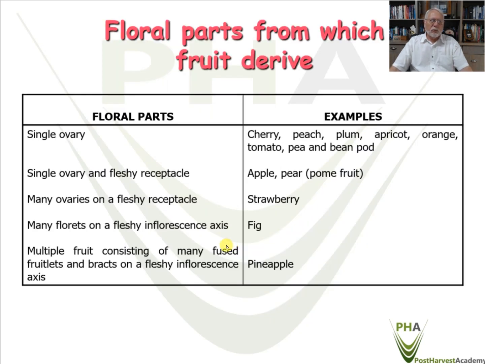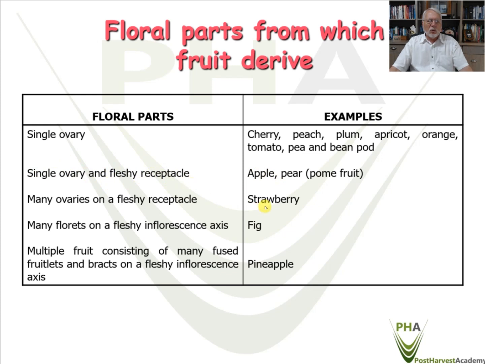This table shows the floral parts from which many fruits derive. Cherries, peaches, plums, apricots and oranges, tomatoes, peas and bean pods all develop from a single ovary of a flower. Apples and pears are pome fruits, and they develop from a single ovary and the fleshy receptacle of the flower.